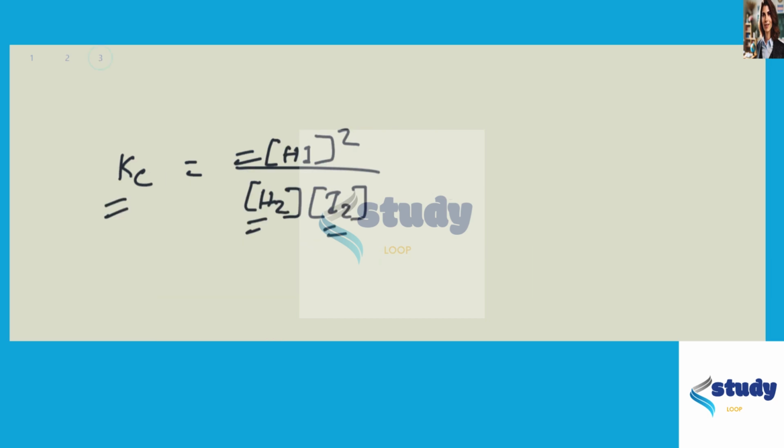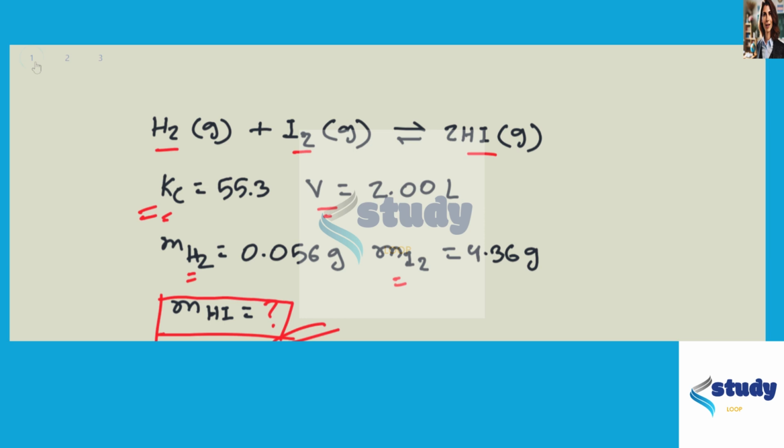So the first step is to find the concentrations of H2 and I2 from their equilibrium masses. Using these masses we will find their number of moles first, and then using the volume we will find their concentration. The number of moles will be the equilibrium mass given over its molar mass.